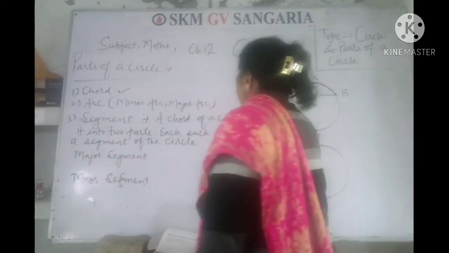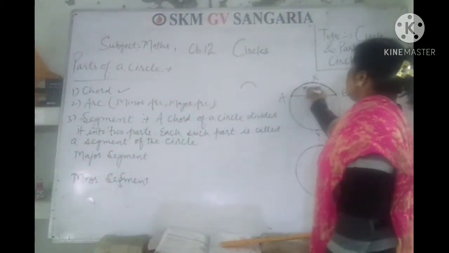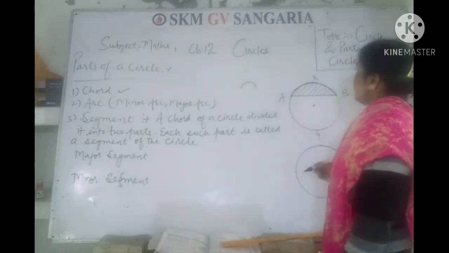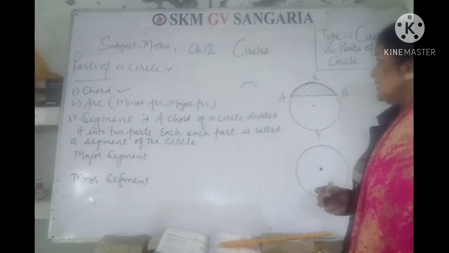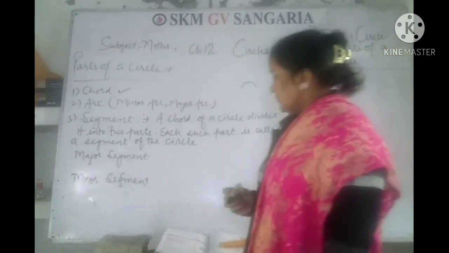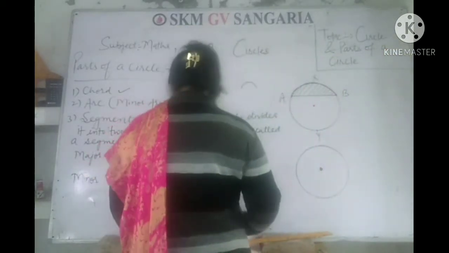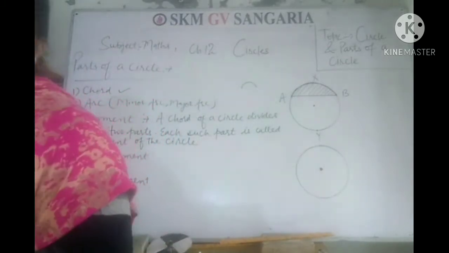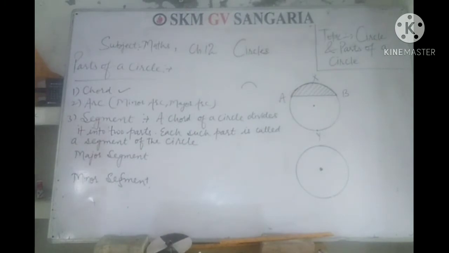And this part is also called a segment of the circle. When a chord of a circle divides it into 2 parts, each such part is called a segment of the circle.